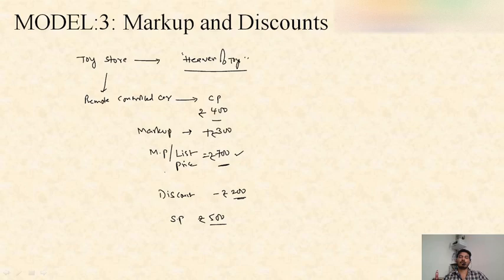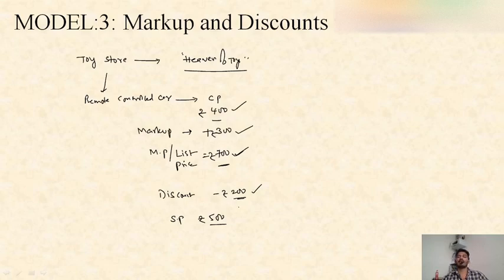In this scenario, you purchase the remote control car for 400 rupees, and you apply a markup of 300 rupees to cover your expenses and profit margin, resulting in a market price of 700 rupees. Then you offer a discount of 200 rupees to the customers, selling each remote controlled car at a final price of 500 rupees.